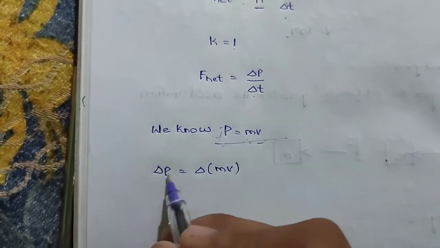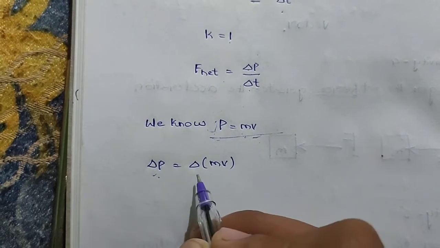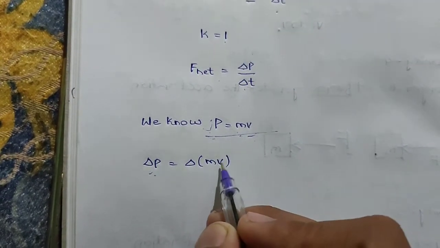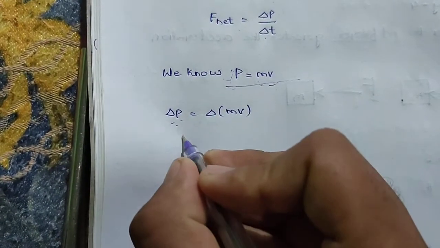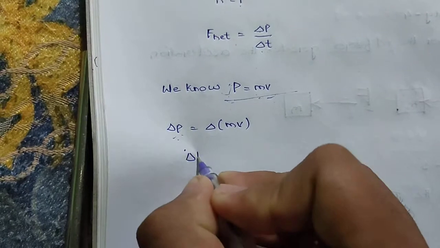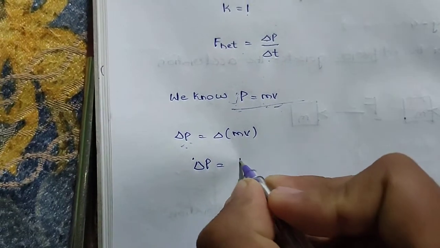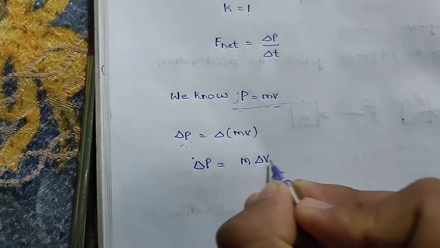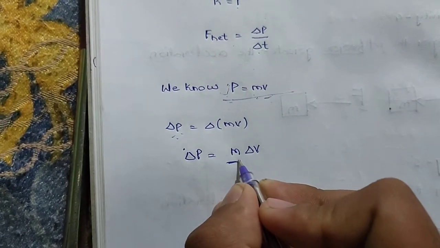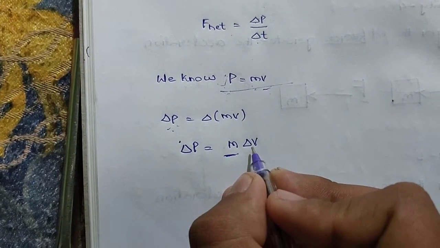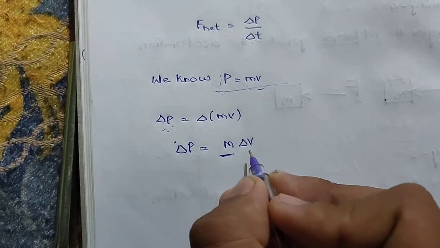So change in momentum is equal to mass times change in velocity. So now if I write clearly, delta p is equal to m delta v. Here my mass is not changing, my mass is constant, but my velocity may vary.